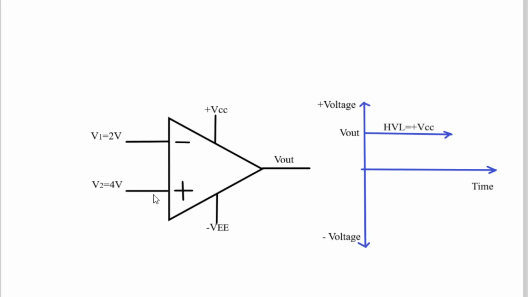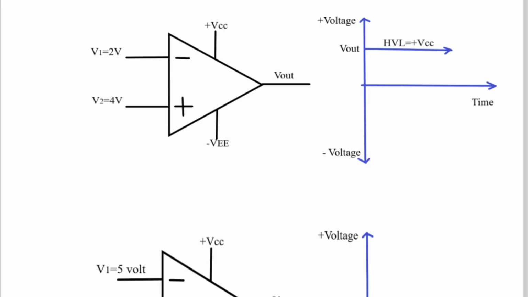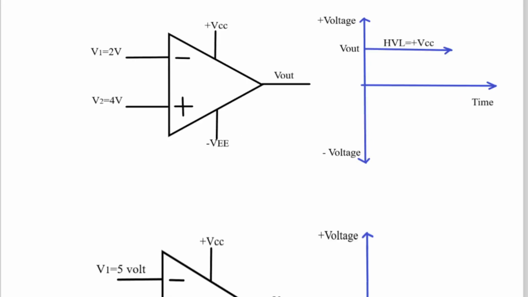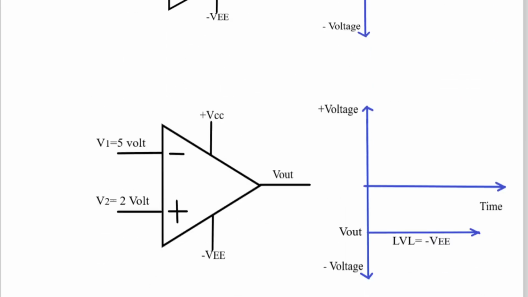Input V2 is applied at the non-inverting input, with plus VCC supply and minus VEE supply. Whenever the voltage at the inverting input pin V1 is greater than the voltage at the non-inverting input pin, the op-amp output is in LVL. And whenever the voltage at the non-inverting input pin, the plus, is greater than the voltage at the inverting pin, the op-amp output is in HVL. So here I have shown that representation with the help of both diagrams.